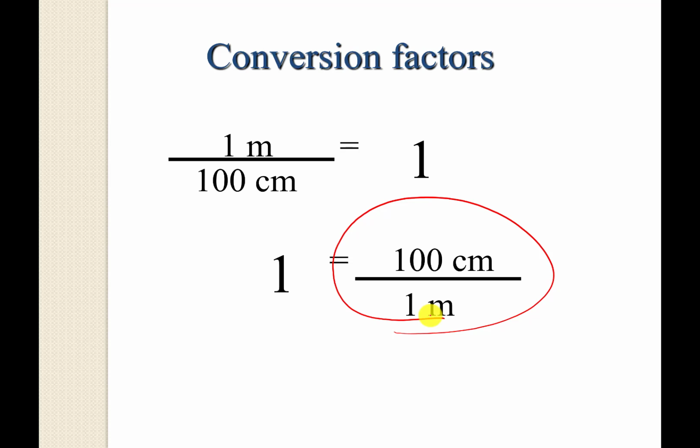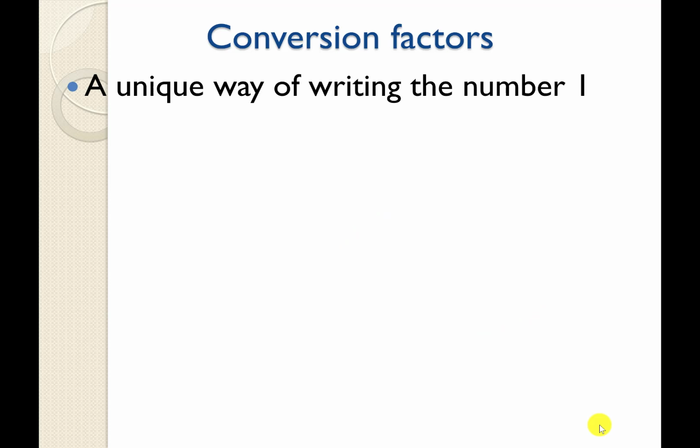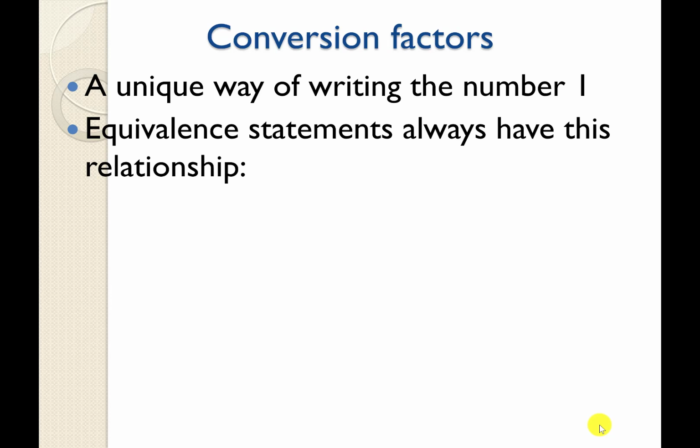And that is okay to do because it doesn't change the underlying number or the underlying value. Conversion factors then are essentially just a unique way of writing the number 1. I know that sounds different, but when you have 100 centimeters over 1 meter, that is the same as saying the number 1. They always come in this type of format.